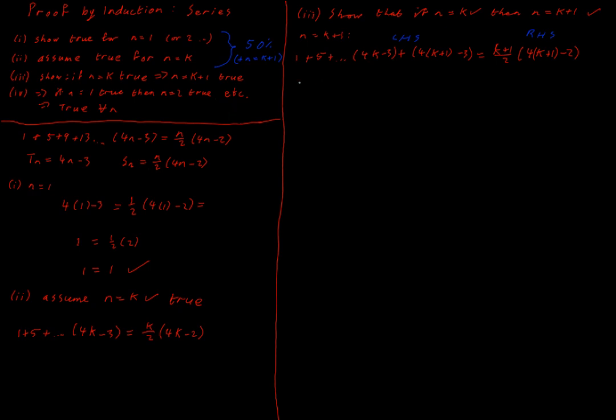So I'm going to take my right-hand side and simplify it down so I'm able to identify it more easily. So I have k plus 1 all over 2. On multiplying this in, I get 4k plus 4 minus 2. I have k plus 1 all over 2 on 4k plus 2.